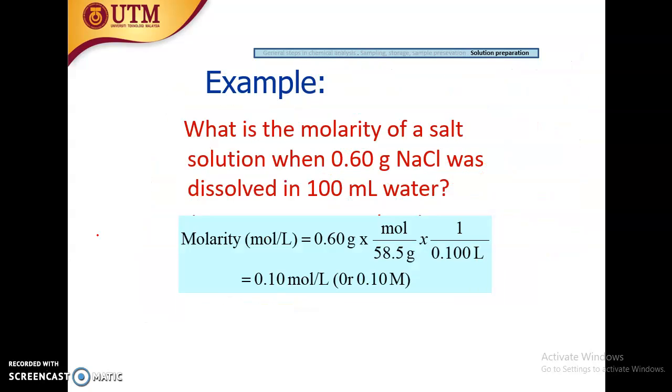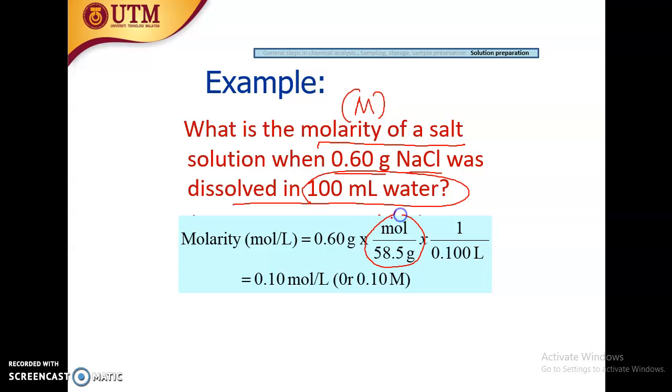Now we go into an example of how to calculate molarity, just a quick one. Molarity is mole per liter. What is the molarity of a salt solution when 0.6 gram sodium chloride was dissolved in 100 ml of water? So you take the 0.60 gram, sorry, divide by the molecular weight, because it's the other way around.